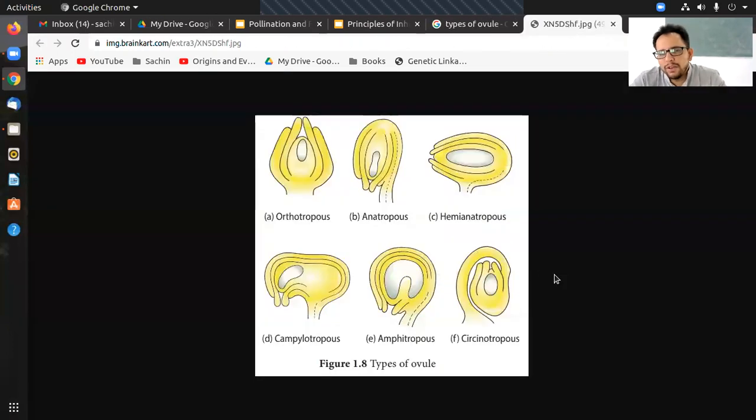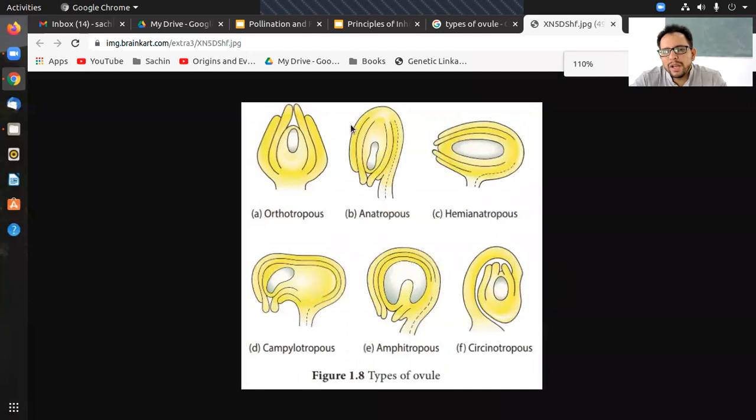So if you see here, this is the type of ovule. Depending on where the micropyle is, where the funicle is, where the hilum is, and so on, these are different types. But what you saw in the diagram is the anatropous ovule. That means it is upside down. This is actually the opening which has to be on the top, which is orthotropous.